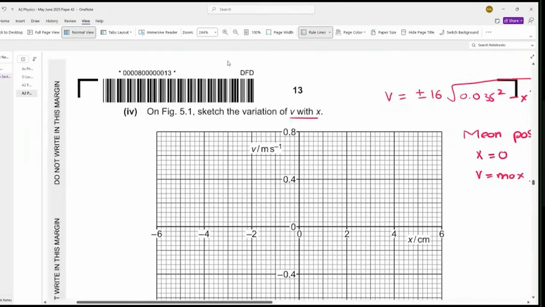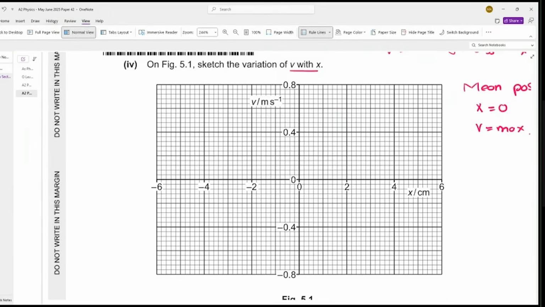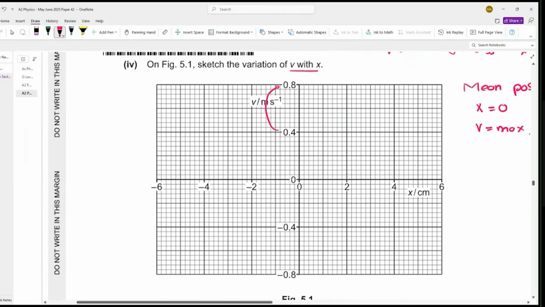Let's zoom in a bit. So this is 0.4, this is 0.8. You are covering how many units? 0.4 units in 10 boxes. One box will be equal to 0.04.